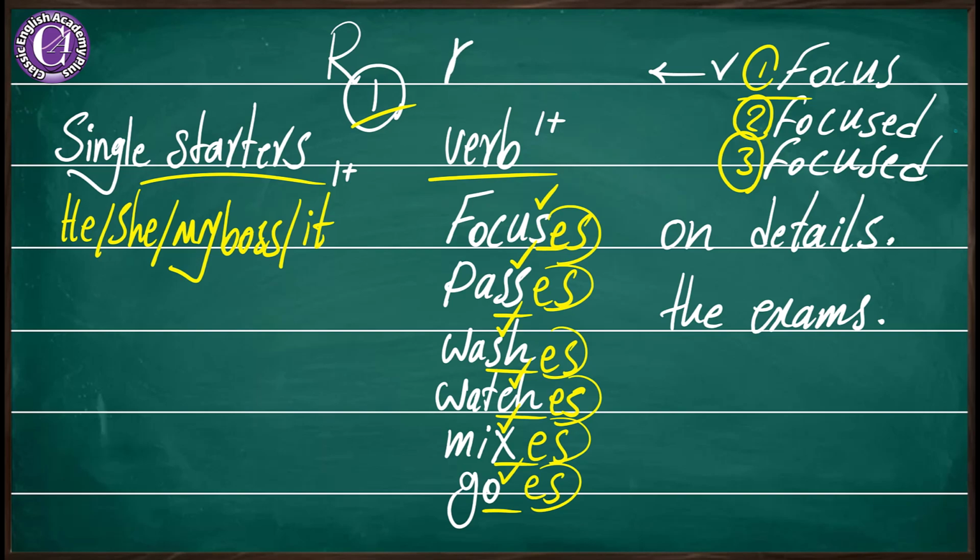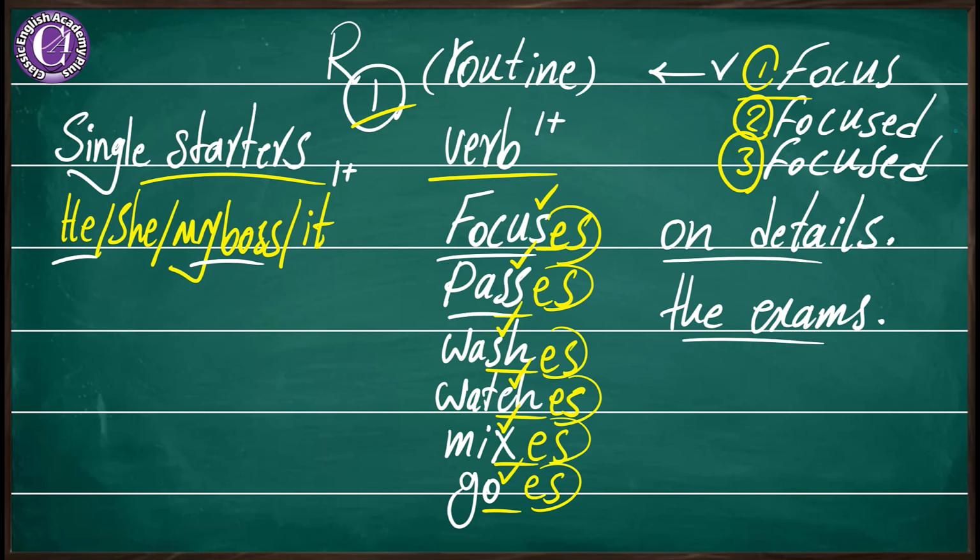Maybe you have got the habit of eating breakfast early in the morning, or you never eat breakfast at all. Look at it. The first part of the verb is talking about our routine. So when you say, my boss focuses on details, it means that this happens all the time for my boss. He passes the exams.